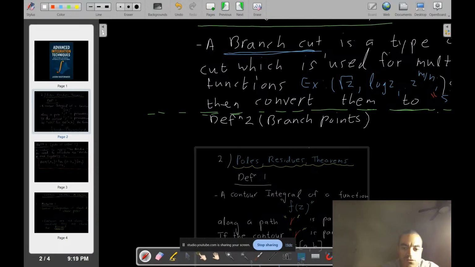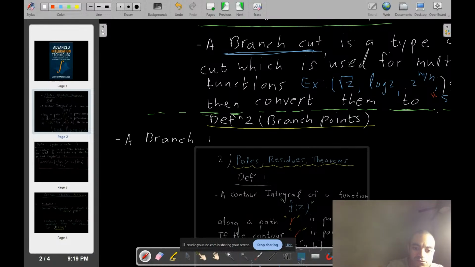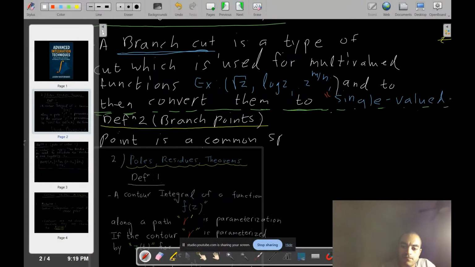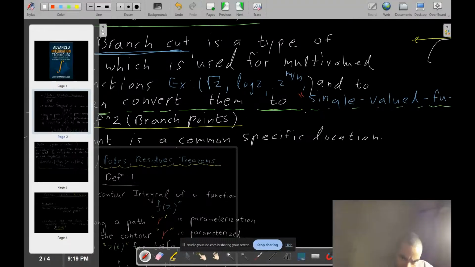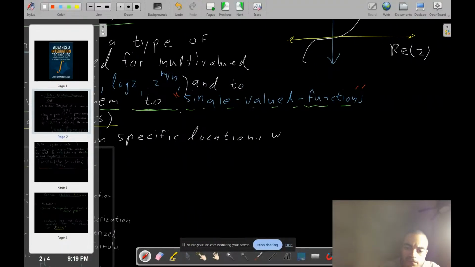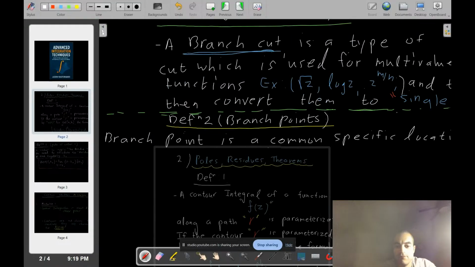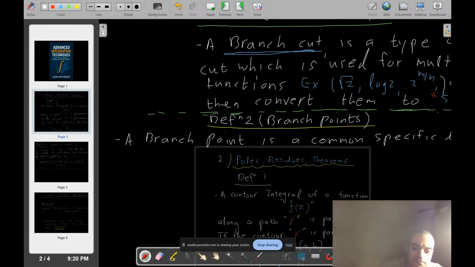A branch point is a coordinate, a specific location, where multi-valued functions meet. And I talked about what multi-valued functions are above.